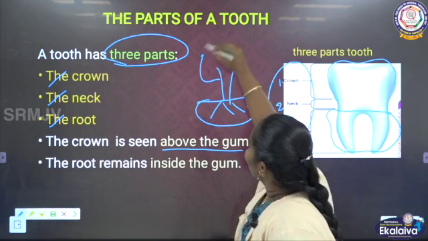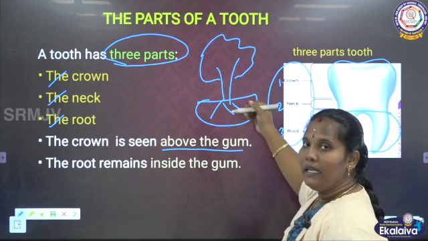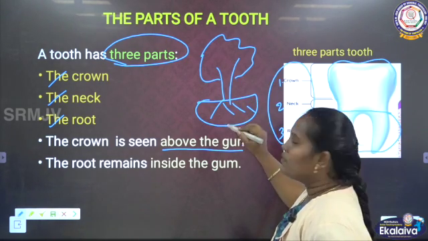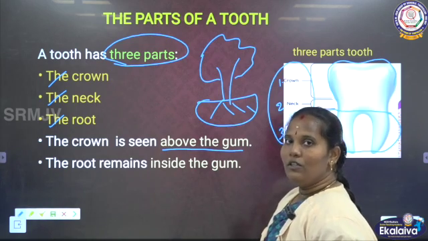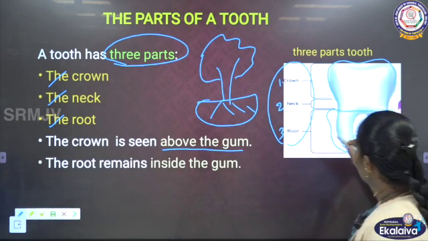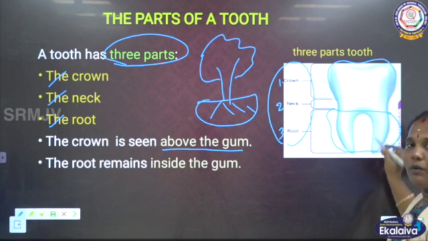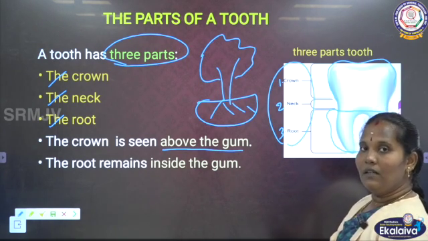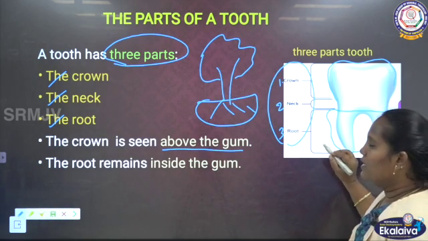So the whole tree is held with the help of the root. The root is fixed with the soil particles. That's why trees are very strong, and our teeth are also fixed by the root part. This root part has blood vessels and nerve cells, so they are very strong.